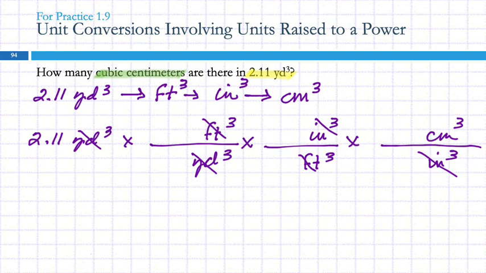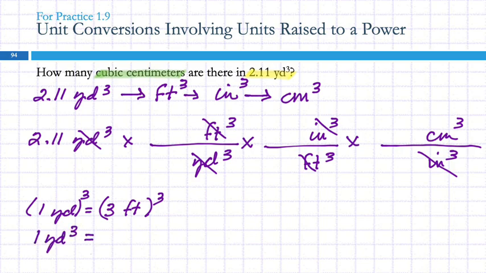We just need to be a little careful when we're using the numbers. 1 yard is equal to 3 feet. If I cube both sides, 1 cubed is still 1, and yard cubed is yard cubed. What's 3 cubed? 3 times 3 times 3 is 27.